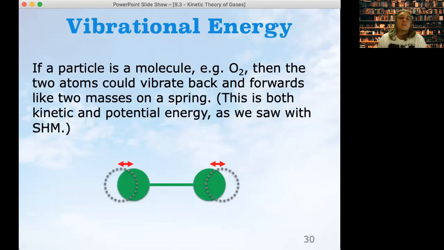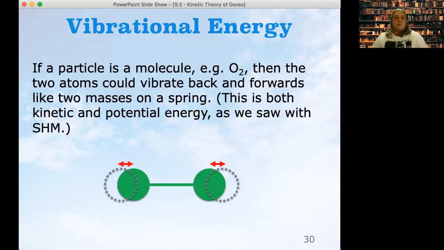So this kind of energy is actually oscillating between kinetic and potential energy, just as we saw with SHM. So it would have kinetic energy when the particles are moving away or towards each other. And then it's got potential energy, which is like our spring potential energy, but in terms of the bond being the spring. And that's going to be potential energy when you're at their maximum or minimum position relative to each other.